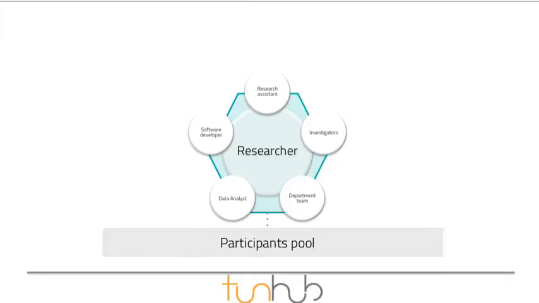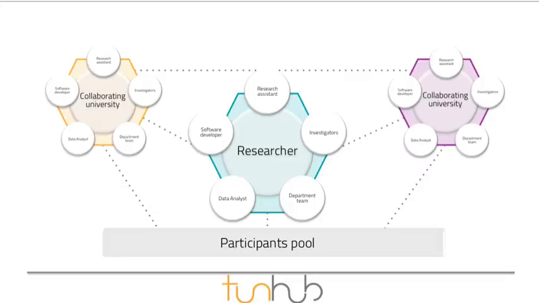First of all, we have to find them, but then we have to communicate with them. And in a lot of EU projects or a lot of transcontinental projects, we also have collaborating universities which also have this area of people working in this project.